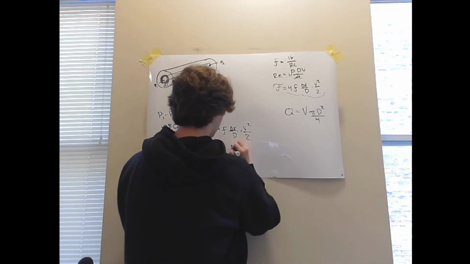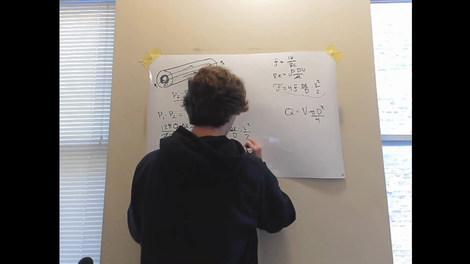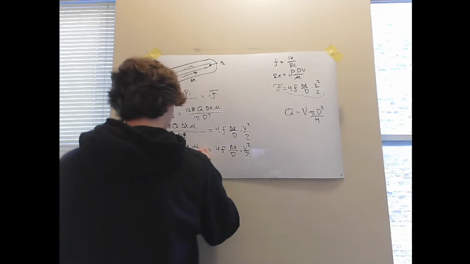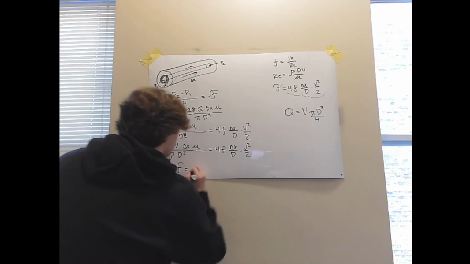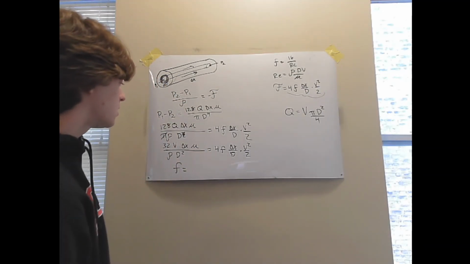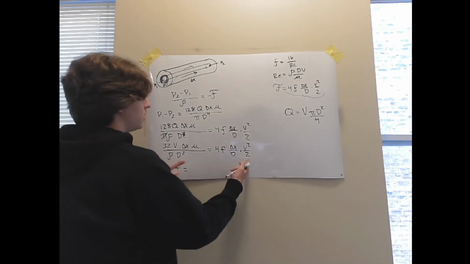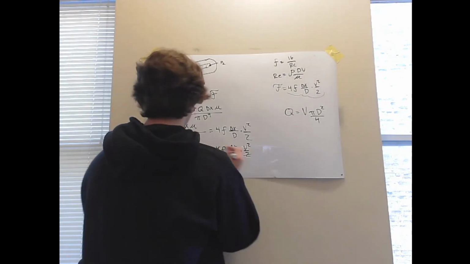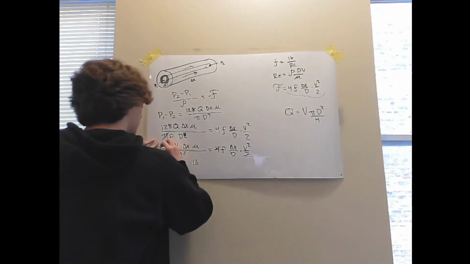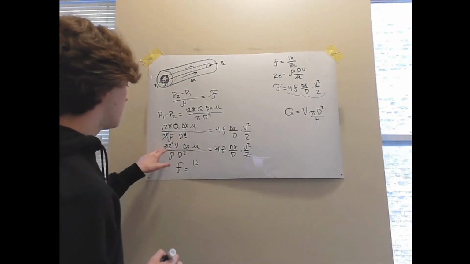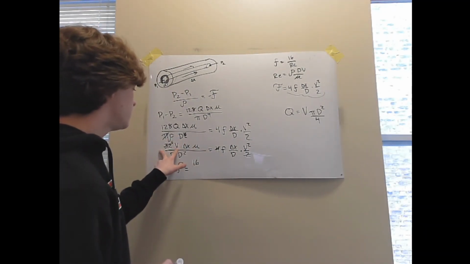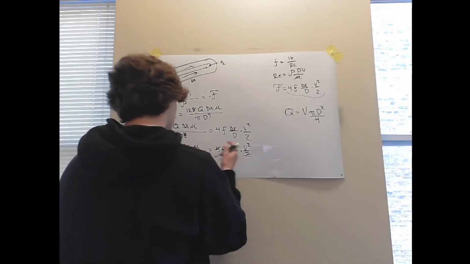Just rewrite the right side of the equation. And now I'm going to start solving for F. So to solve for F, we need to divide by 4 and then multiply by 2. So we're dividing by 2, and that just gives us 16. Next, we have V. We need to divide by V squared.